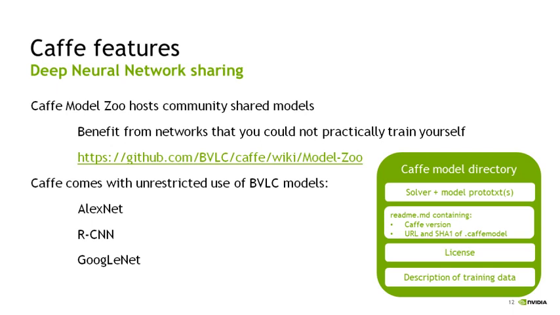You would provide a license for the use of the model, because you may have used proprietary data or something in training your model, and often people provide a description of that training data as well. So on the bottom right of this chart, you see that you can package all of those things up into a single directory, and that's what typically constitutes a Caffe model.